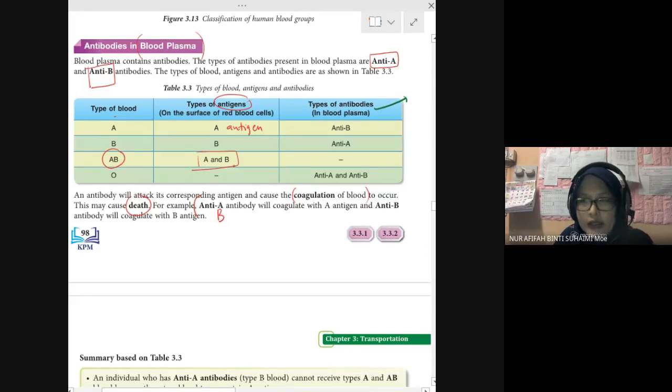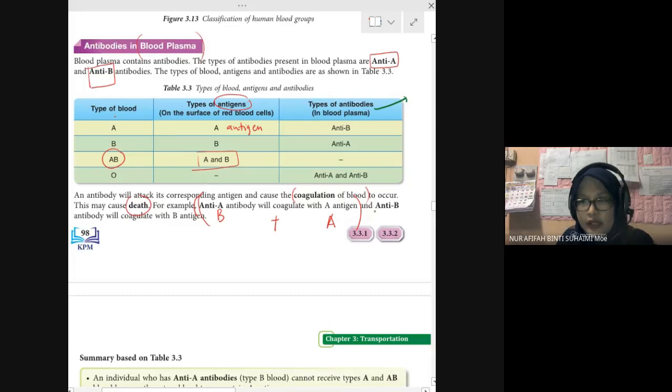Okay, anti-A means blood group B coagulate with the A antigen, and anti-B antibody will coagulate with B antigen. Okay. Here anti-B is blood group B. The one that has A antigen is blood group A. So if you mix blood group B with blood group A, your blood will coagulate.